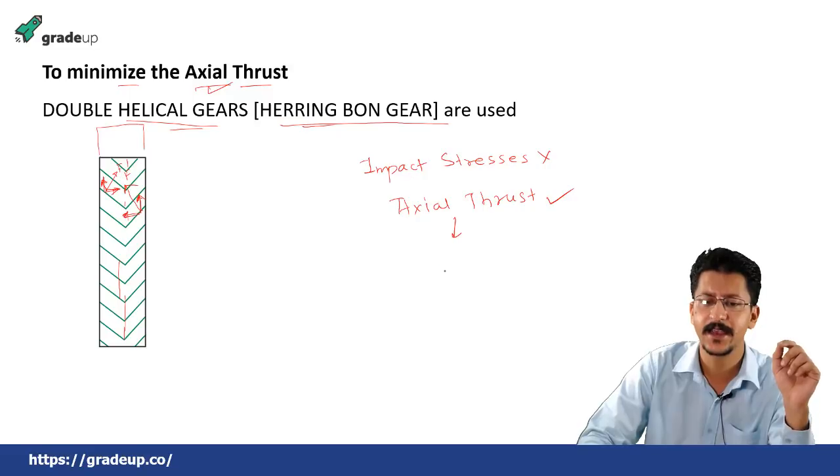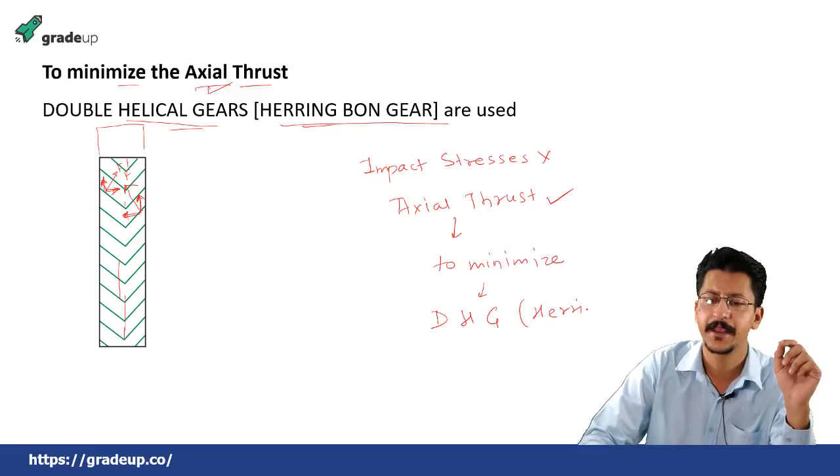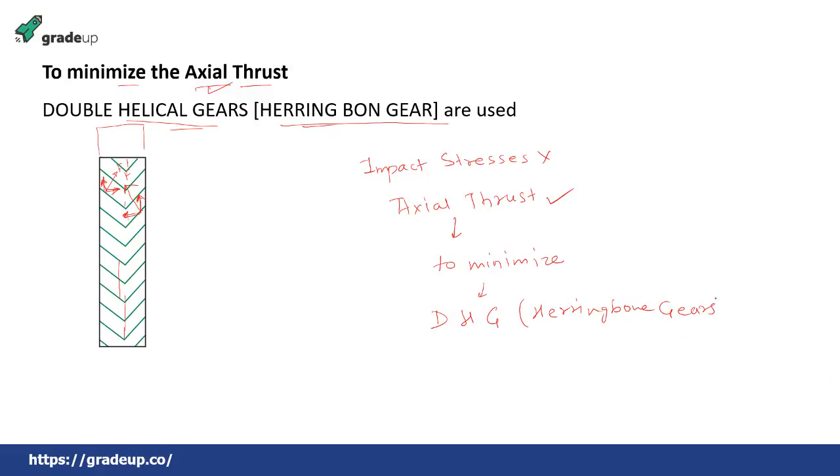And to minimize that axial thrust, what do we do? We use double helical gears, also known as herringbone gears. So if it is a single helical gear, impact stresses will not be there, but axial thrust will be there. And to minimize that axial thrust, we use double helical gears known as herringbone gears.